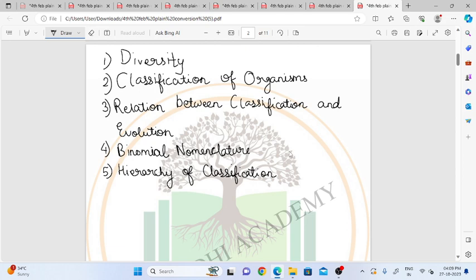So first we will see what is classification of organisms, then relation between classification and evolution, binomial nomenclature, then hierarchy of classification. Okay, so we missed one point, that is diversity, that we are going to start with.